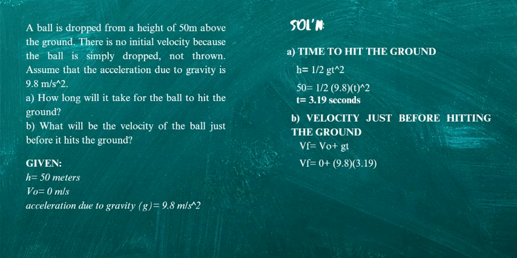Final velocity is equal to 0, since our initial velocity is 0 meters per second, plus 9.8 times 3.19. Then we get the value of final velocity, which is the velocity of the ball just before hitting the ground, approximately 31.26 meters per second.